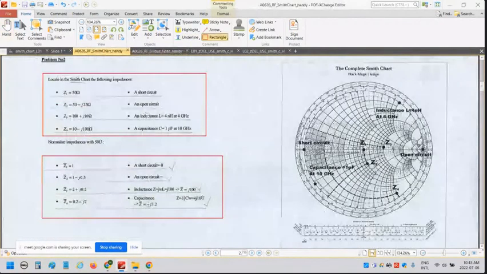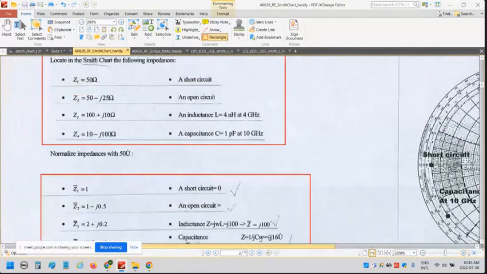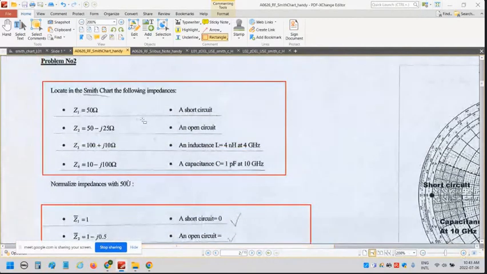So for the location of the 50 ohm, you need to determine it. Before that, for the Smith chart, you need to do a normalization. Normalization is very simple. This is a capital Z1, 50 ohm. You want to normalize, you just divide by 50.